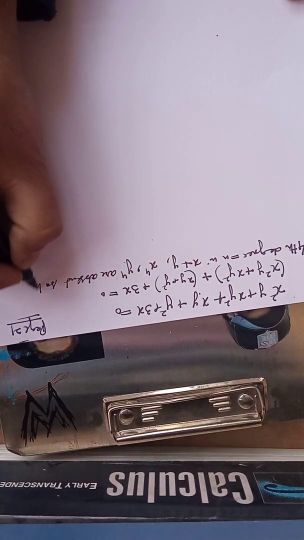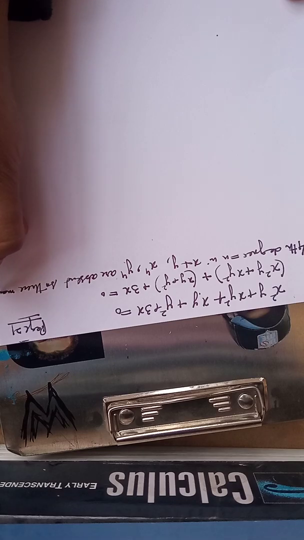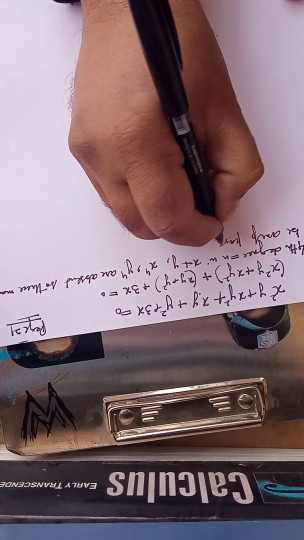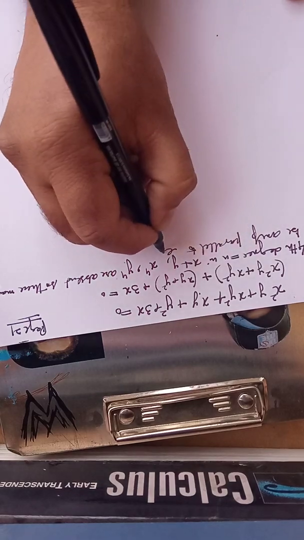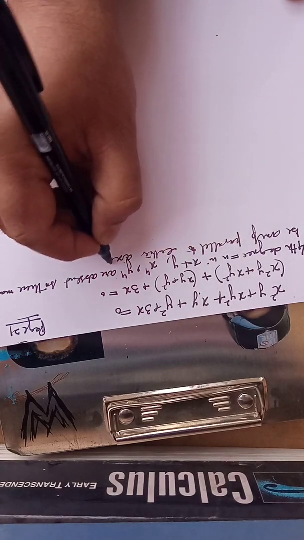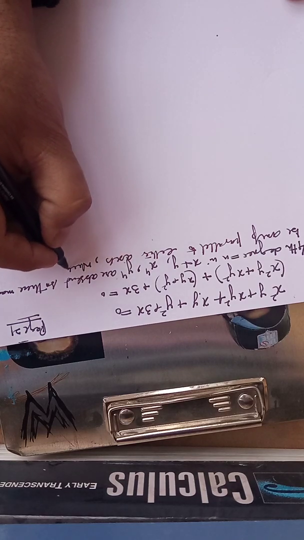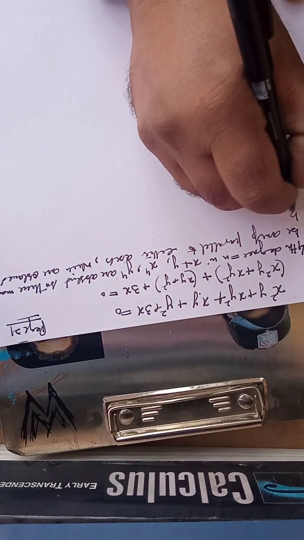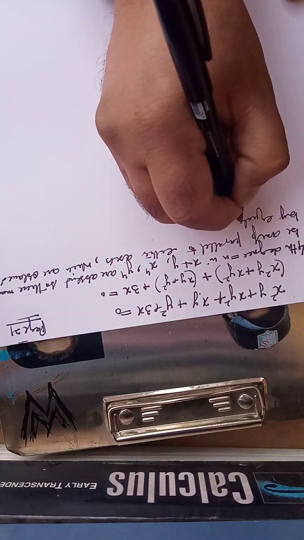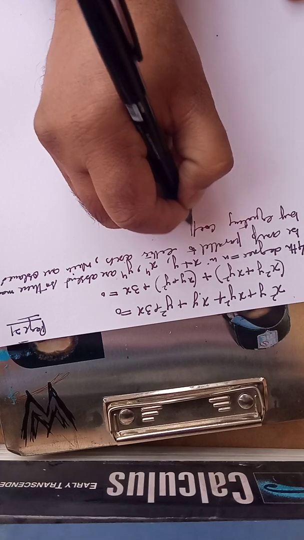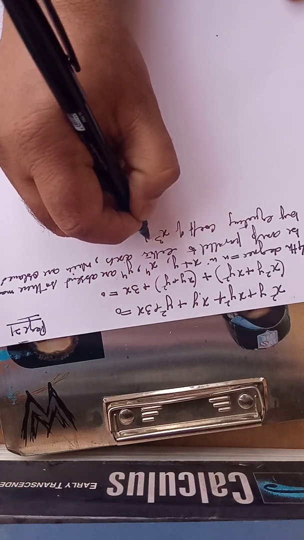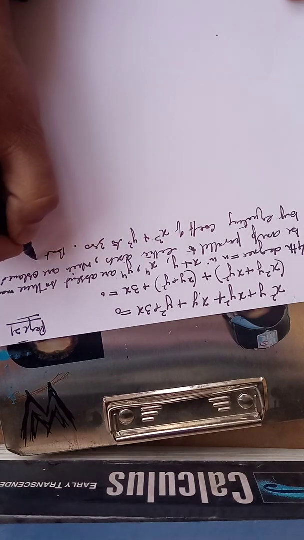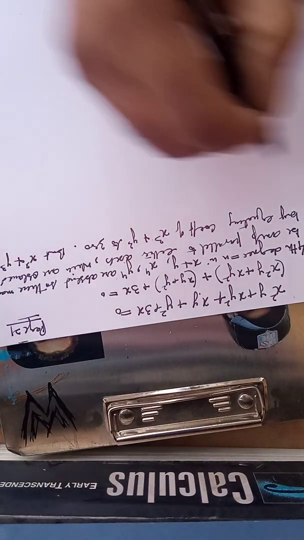So, there may be asymptotes parallel to either axis, which are obtained by equating coefficient of x cube and y cube to 0. But x cube and y cube are also absent.